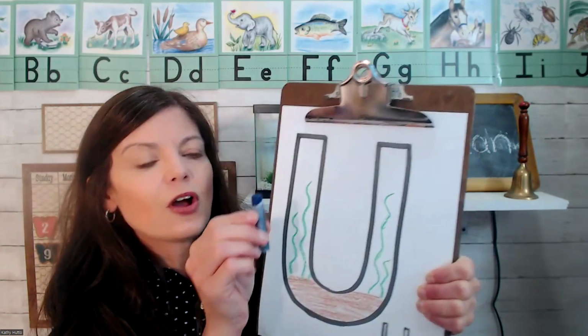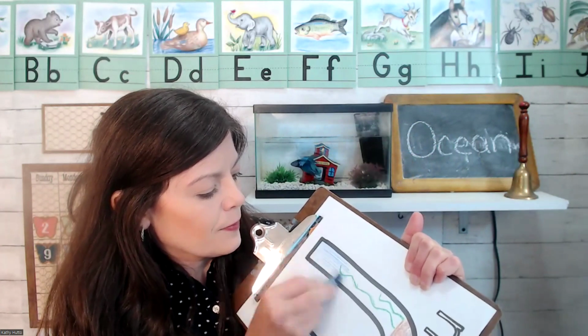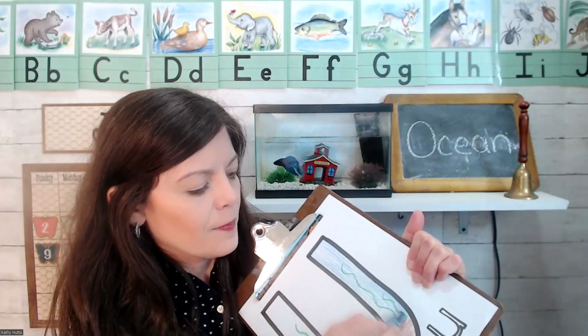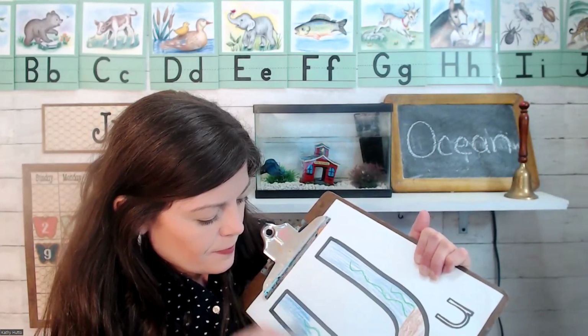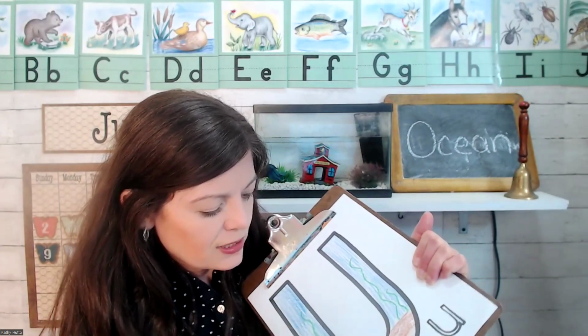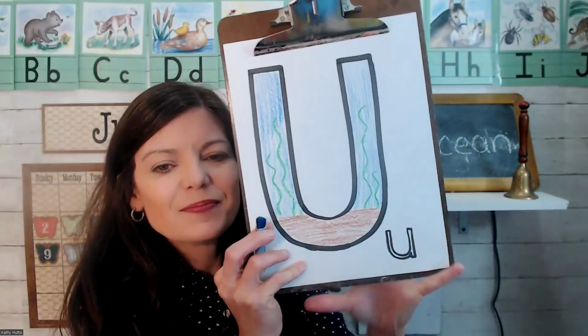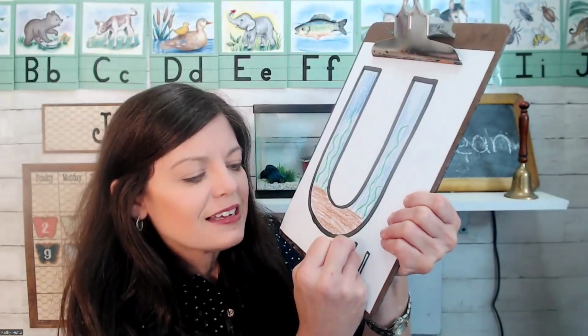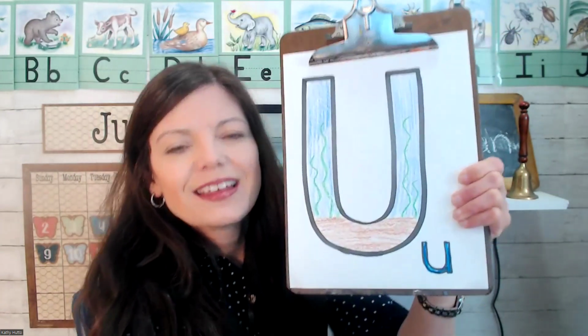Then I'm going to color all the rest blue. If you have any fish stickers, you could stick those on too. So there you have it. There's my under the sea letter U. Here's little u. I'll just color it.